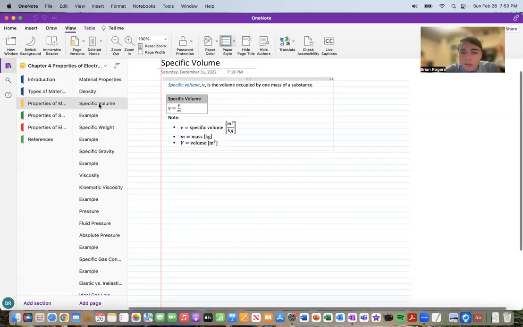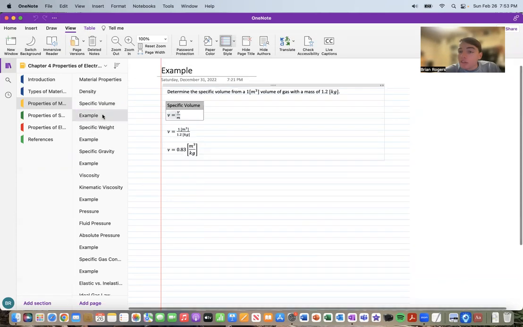And so specific volume, you're going to notice it's the volume occupied by one mass. So it's the volume occupied by one mass. So divide by one mass here. And so that's what specific volume refers to. And you're going to see specific weight, specific gravity. So specific just refers to dividing by a certain factor.